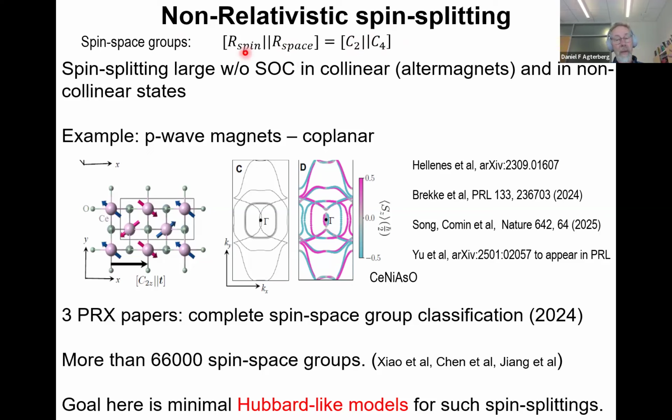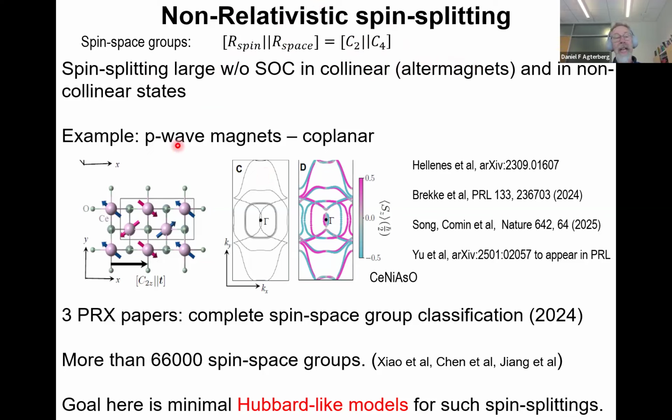Now, when we have no spin orbit coupling, we can get large spin splittings. And you've heard about that in collinear antiferromagnetic-like systems, which are altermagnets. It also can occur in non-collinear states, which you've also heard about earlier today.